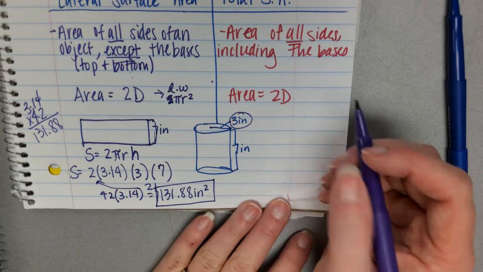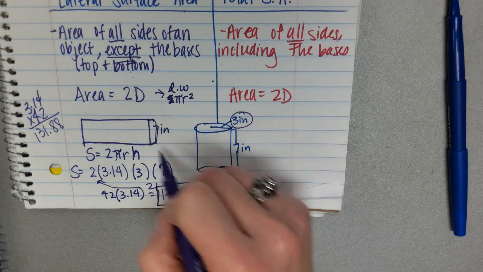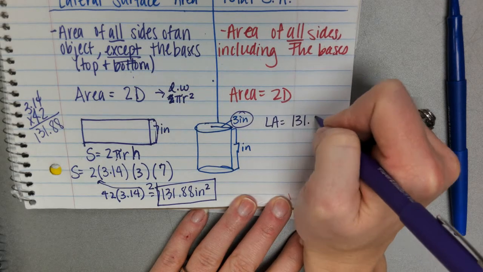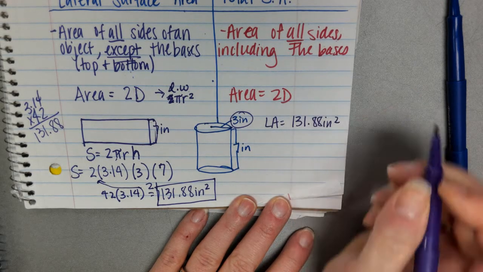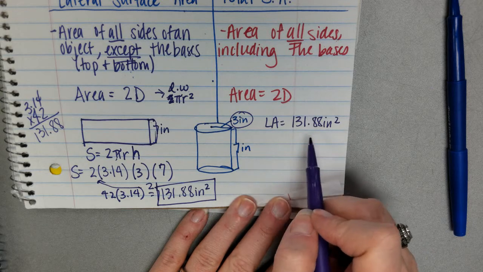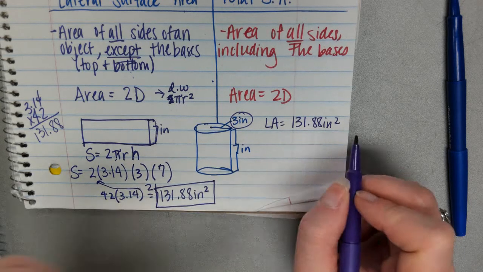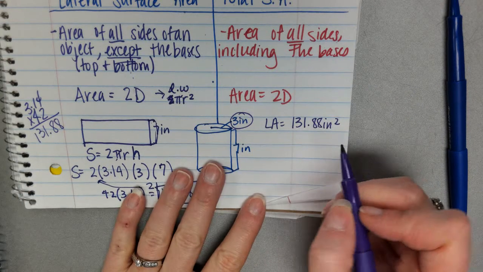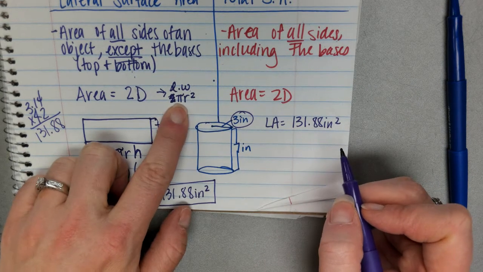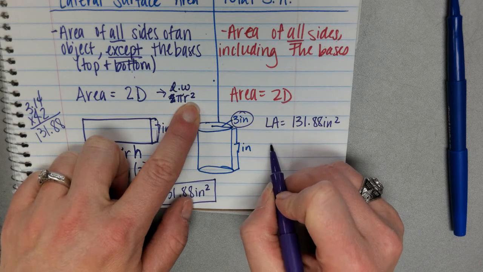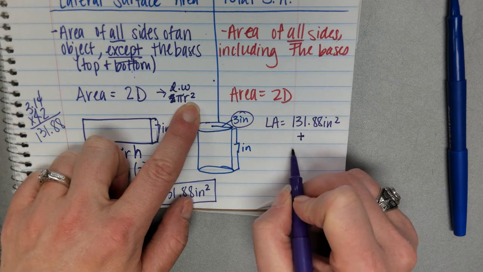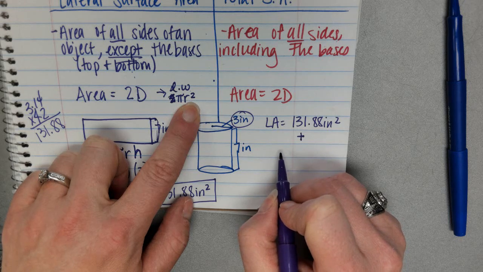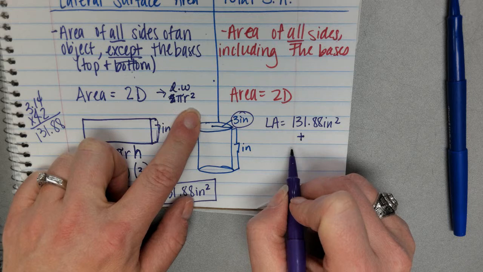So now, to get the total surface area, we're going to take this, our lateral area, 131.88 inches squared. And we're going to add to that the area of the top, which is a circle, and the bottom, which is a circle. So if we remember, pi r squared is the area of a circle, but we have 2 of them.